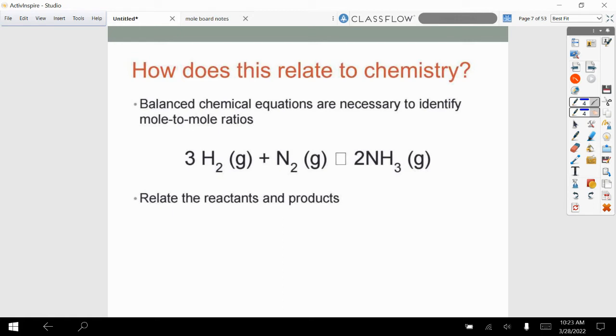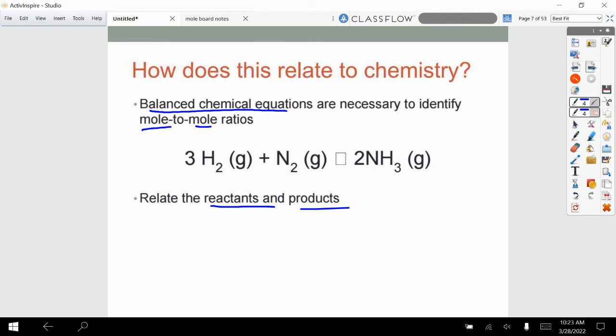So how does this relate to chemistry? Again, balanced chemical equations are necessary to identify multiple ratios in order to help us relate reactants and products. This relates to baking because it allows us to identify how many reactants we need, and it allows us to know how many products we're going to get.